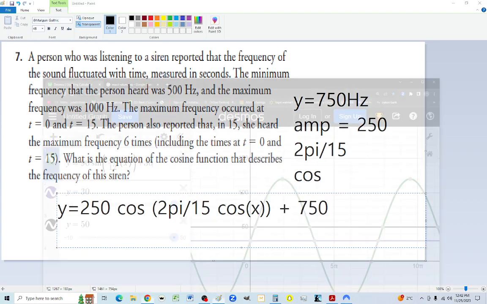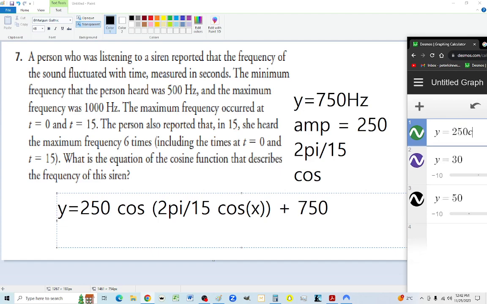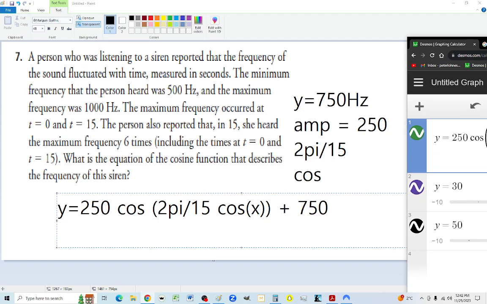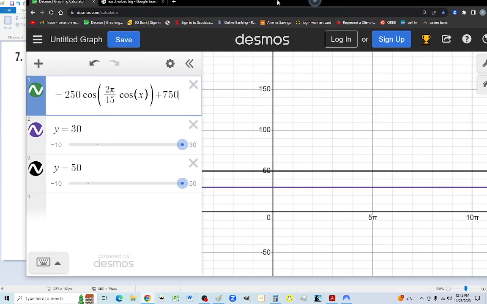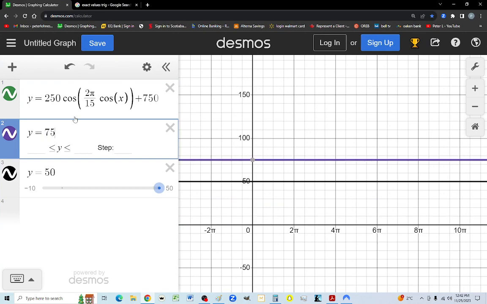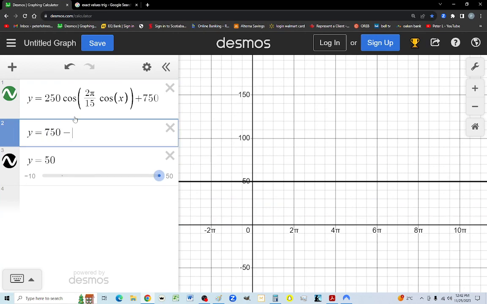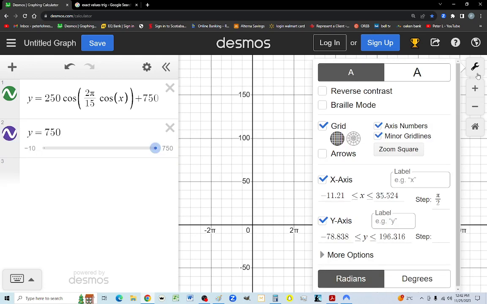And we'll just do it. And then we have to make all the adjustments for the new thing. It's now y is equal to 750. And we have to change it enough to see it. So we're talking 15 seconds.